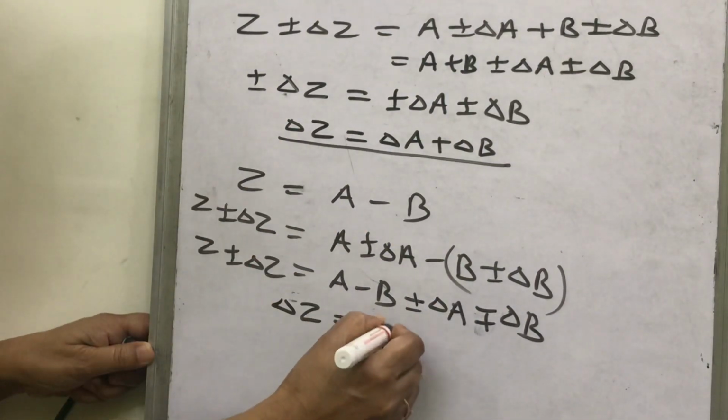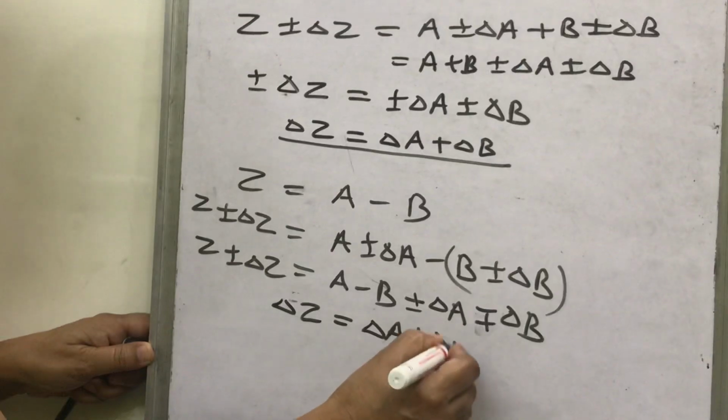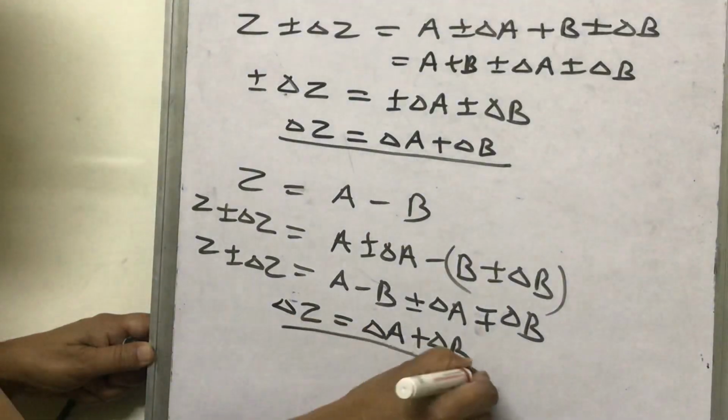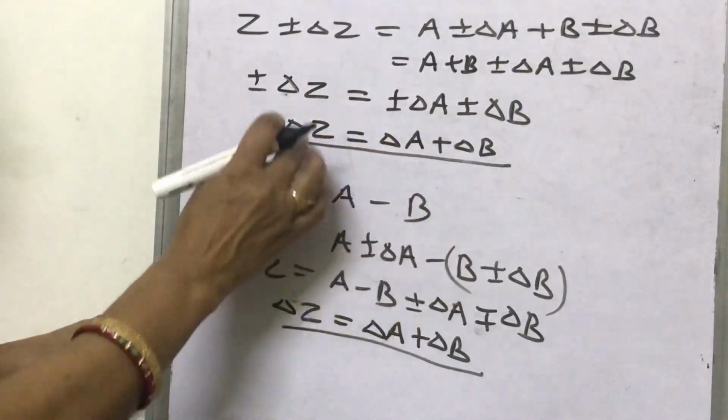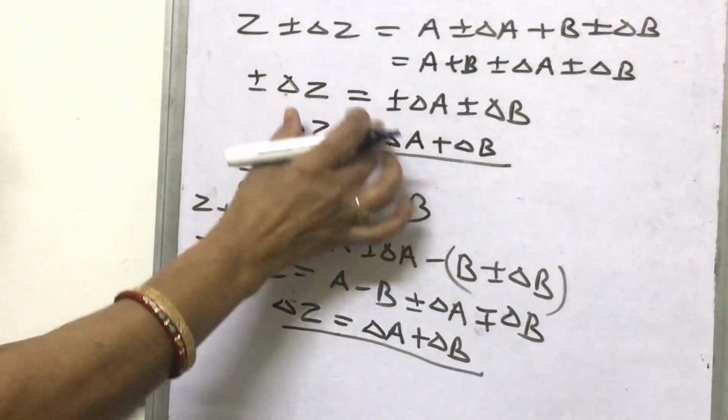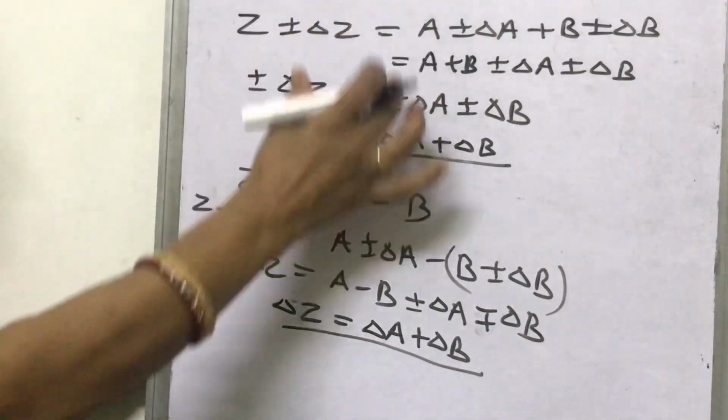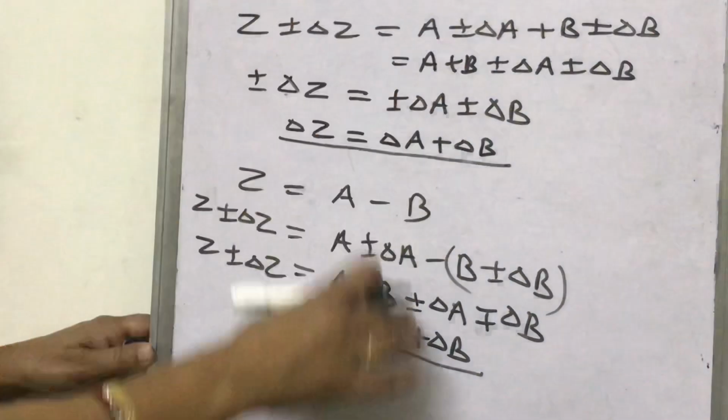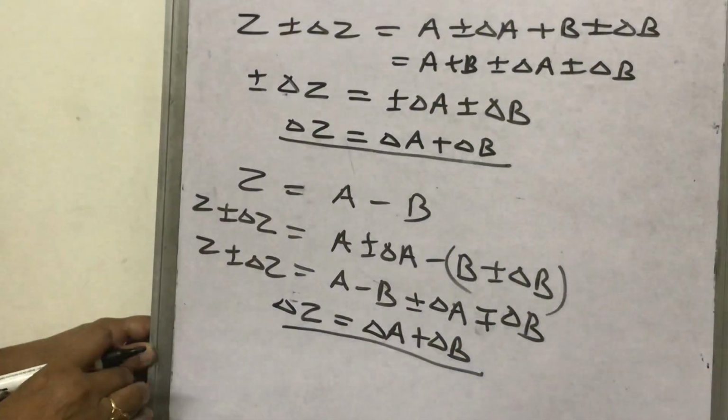So you will write only delta A plus delta B. So whether it is the sum you have proved here for Z equal to A plus B, the same is for Z equal to A minus B.